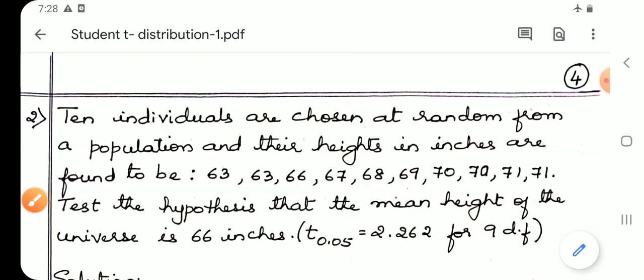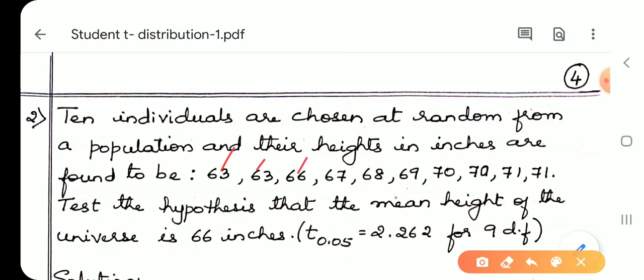10 individuals are chosen at random from a population and their heights in inches are found to be 63 inches, 63 inches, 66 inches, 67, 68, 69, 70, 70, 71 and 71 inches.